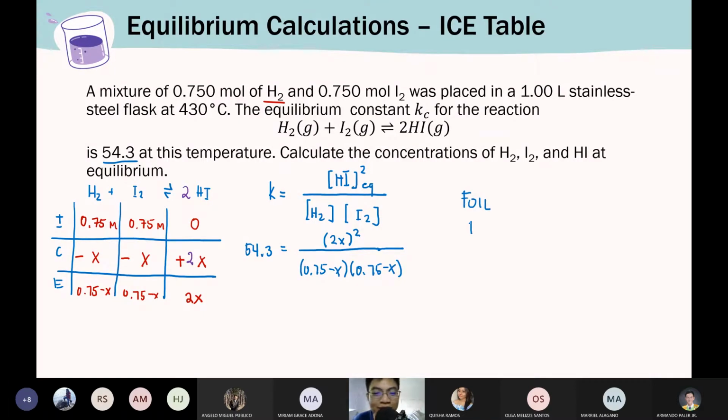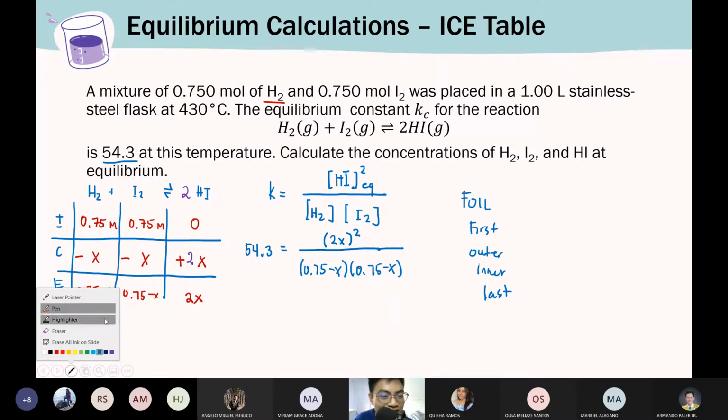Ano yung FOIL method? The first, outer, inner, and then last. Yun yung mga i-multiply mo kapag binomial, di ba? Welcome to algebra again. Akala nyo makakatakas kayo, no? Gawin natin yung first.